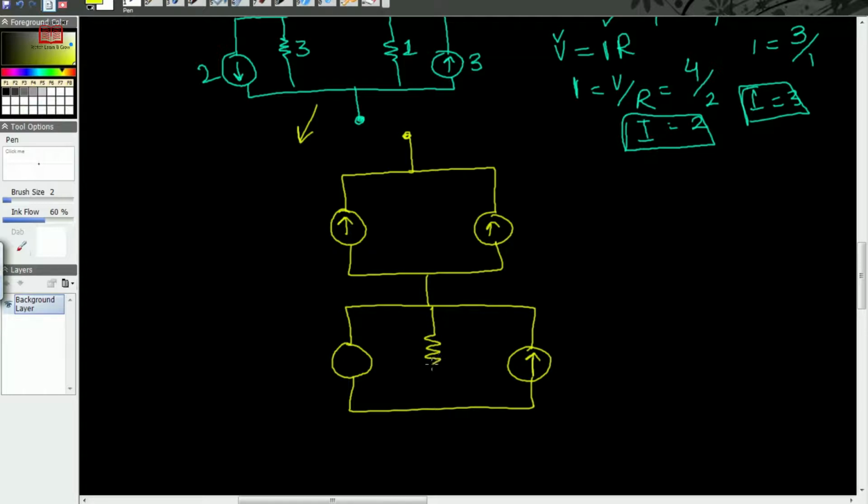Now 2 resistances are going to be replaced on both the upper loop and the lower loop by one resistance, and this is our output terminal.